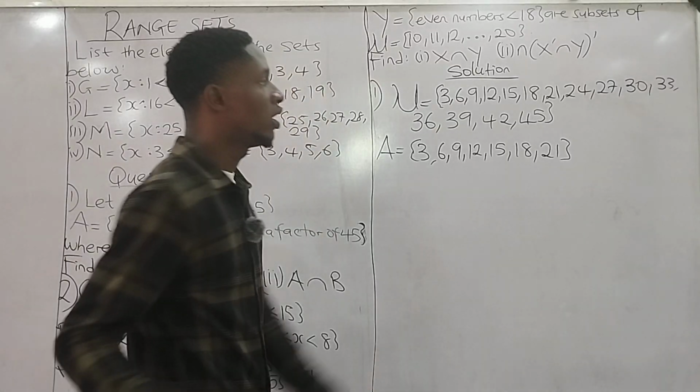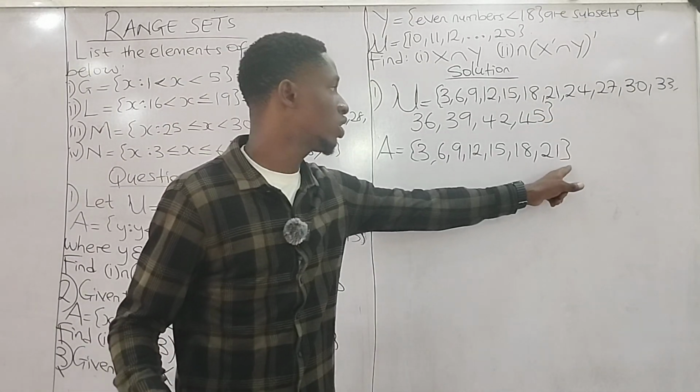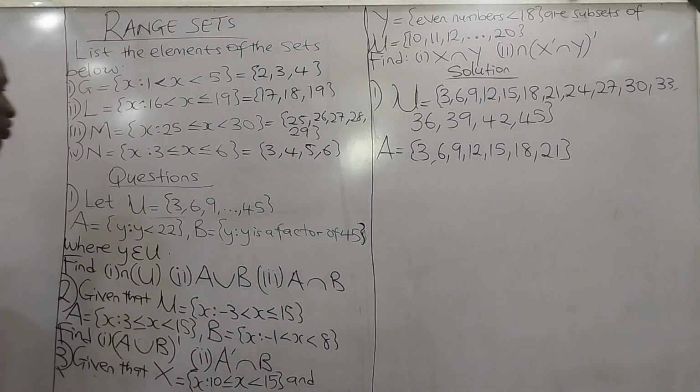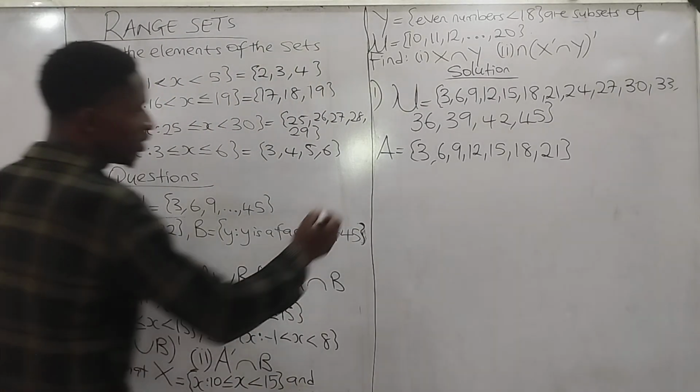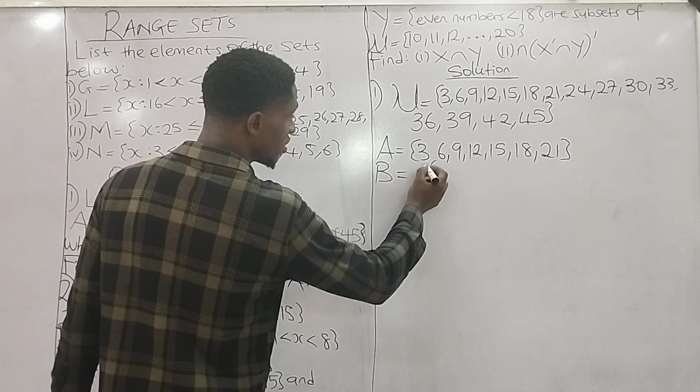We'll stop here because 24 is not less than 22. All the numbers here are less than 22. So we'll go to set B.